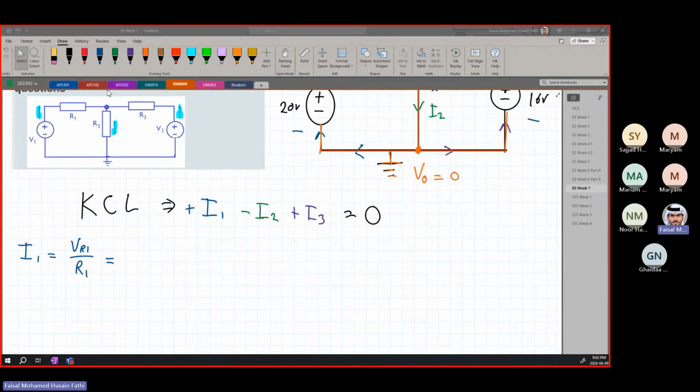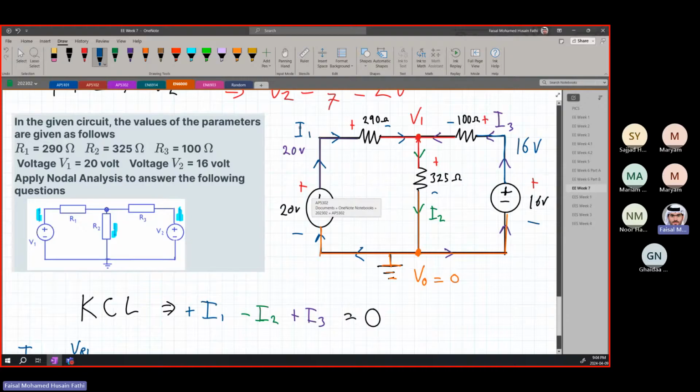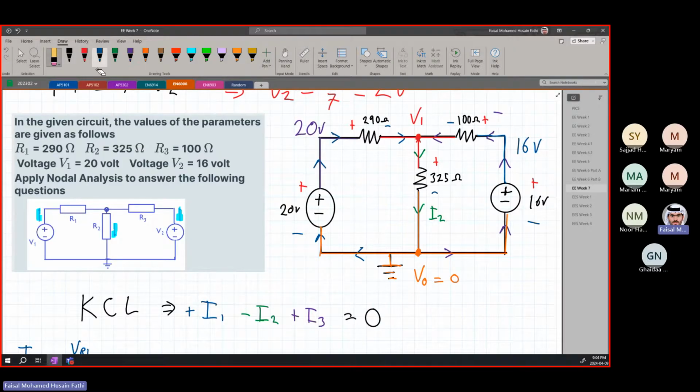I1 is VR1 over R1, which is equal to, what is VR1 equal to? From plus to minus, so it's going to be equal to 20 volts. Let me put I1 a bit lower, so that there is no confusion. This is 20 volts. And here, this is 16 volts.